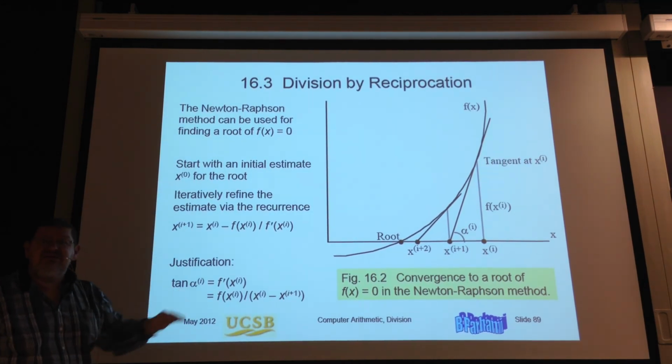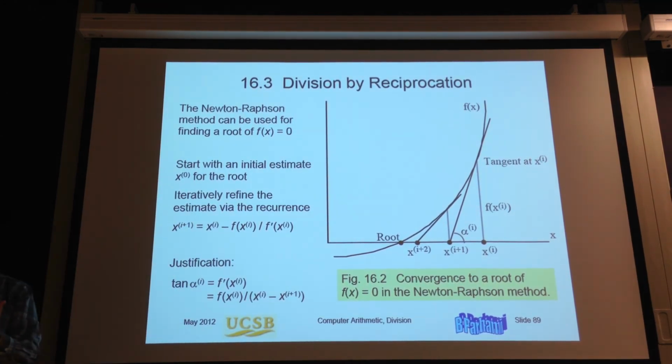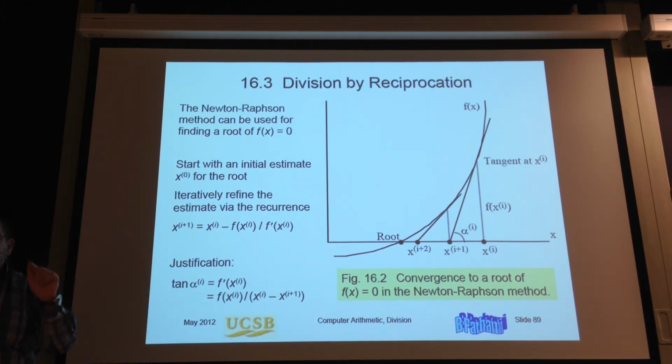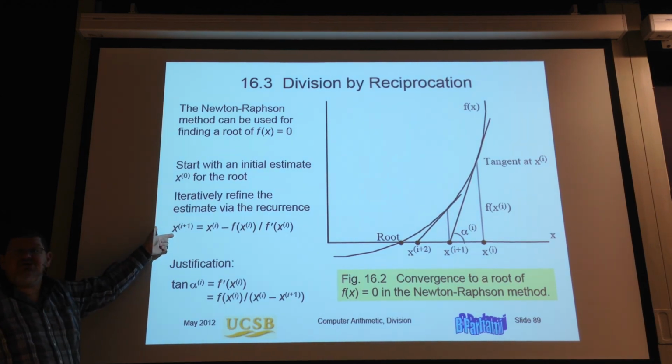In practice, what you will have to do as a designer is to make a choice for a function which has as root the value that you are looking for. And then there is more than one function which gives you that. Then you have to find the one which simplifies that expression.